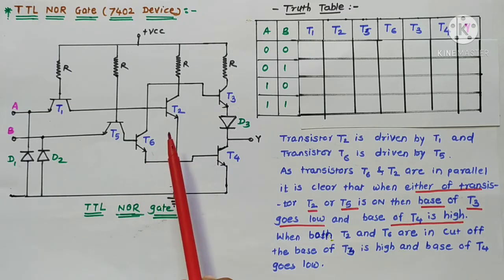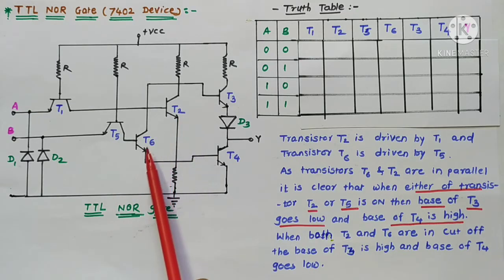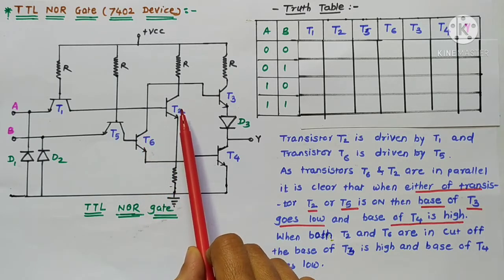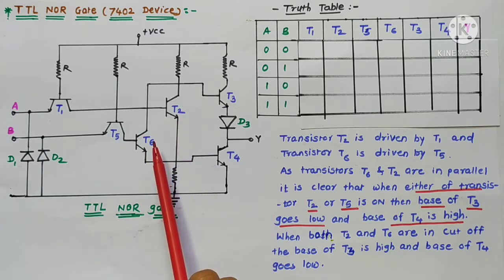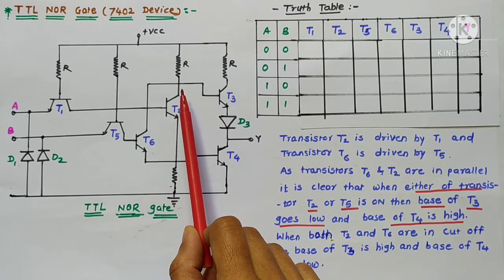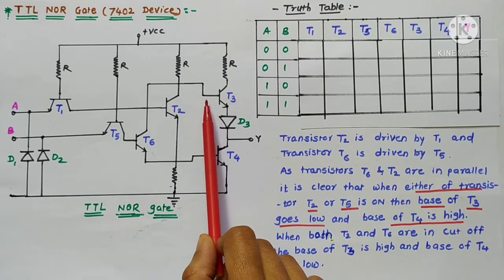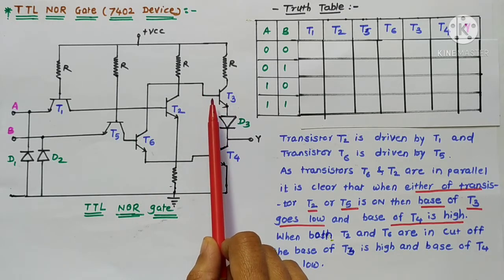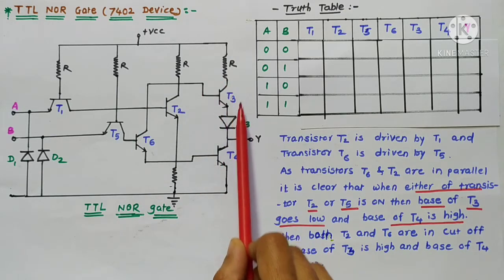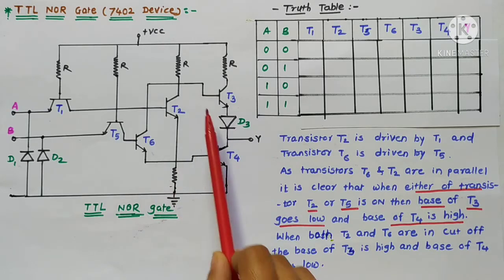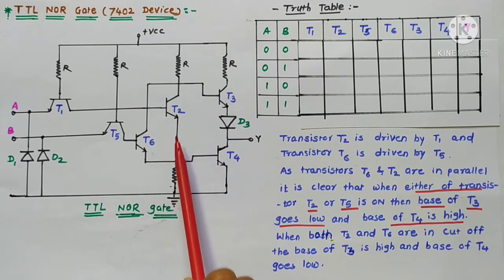When both transistors T2 and T6 are in cutoff, and we know that when a transistor is in cutoff, its collector goes high, and this high collector is given to the base of transistor T3. Thus, transistor T3 switches on. As the collector is high, the emitter is low.